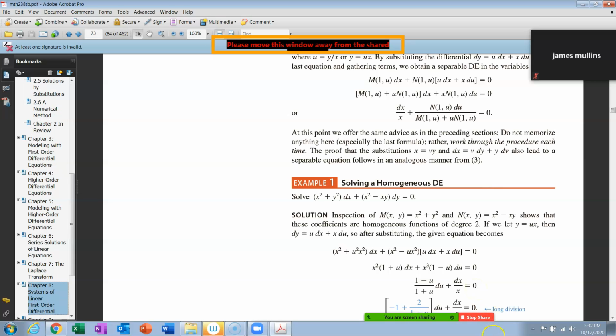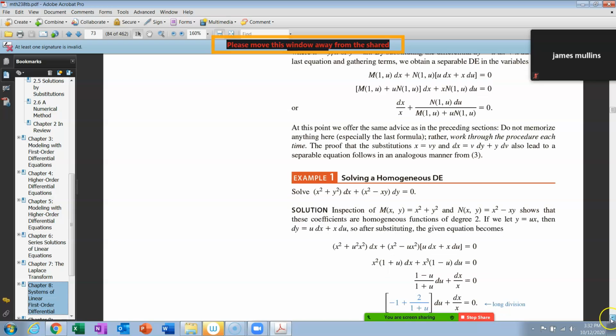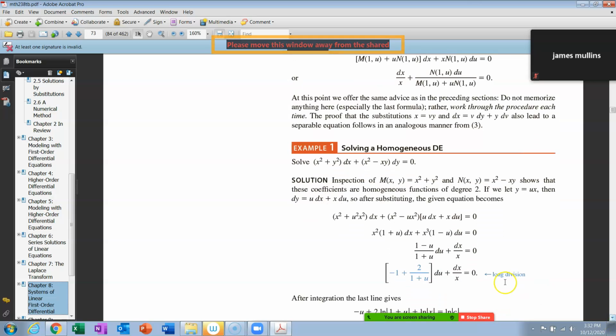Okay, sorry, I tried to advance that way. Okay, now this came up to what we had. They did their division, and we got something that looked very close to this. We had it on the other side, so we had a plus 1 here and a minus 2 there.